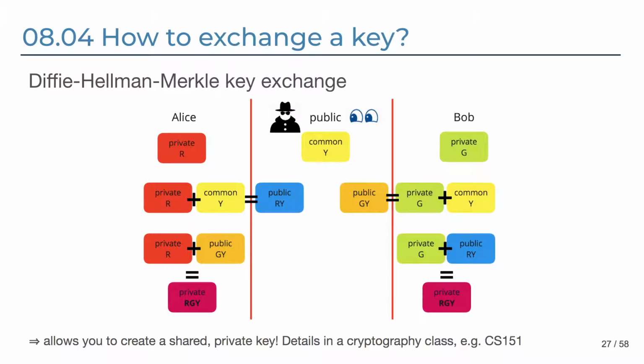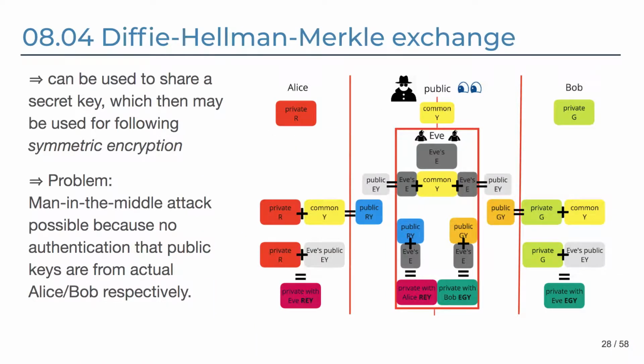So this all sounds like a cool idea. However, there's one problem, and that is you can do a man-in-the-middle attack, which means you basically take all this public information, position yourself in the middle, and then can fake for each of Alice and Bob the shared secret, and you know only the true secret, and you can use that to basically decrypt everything.